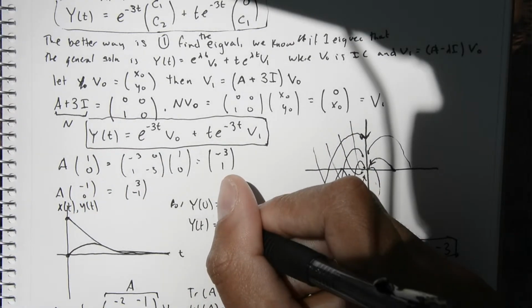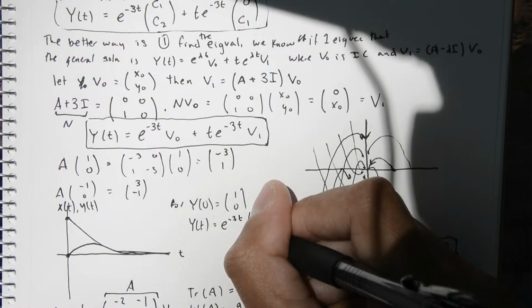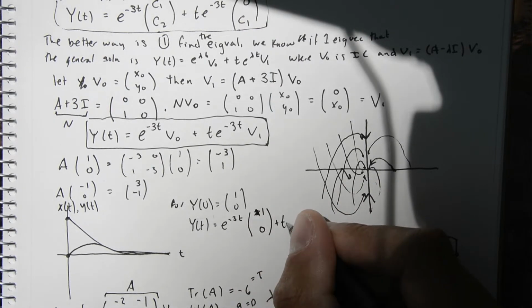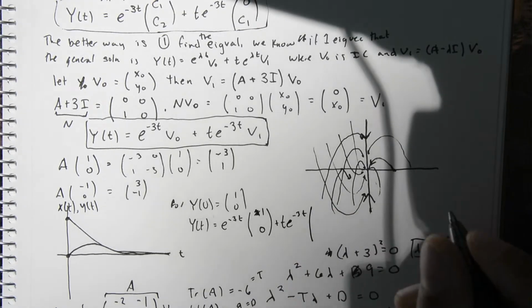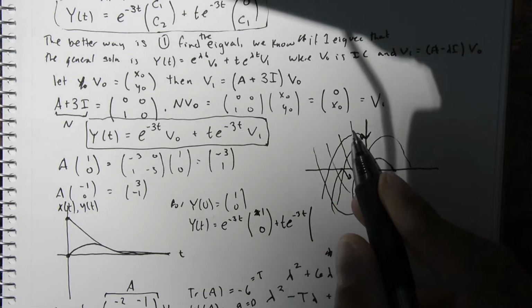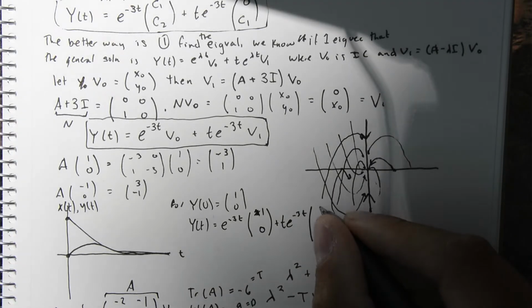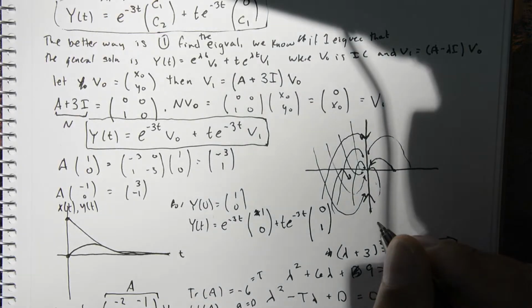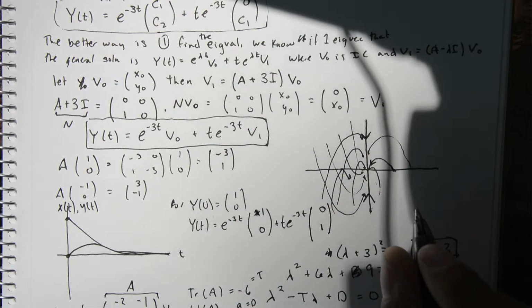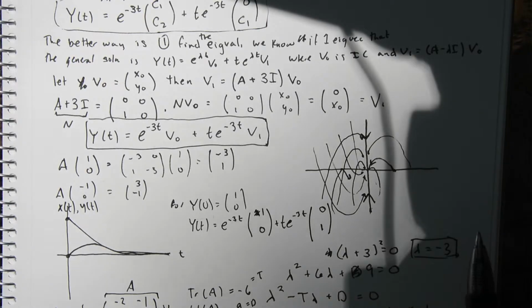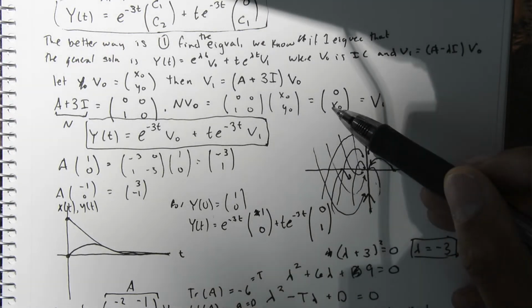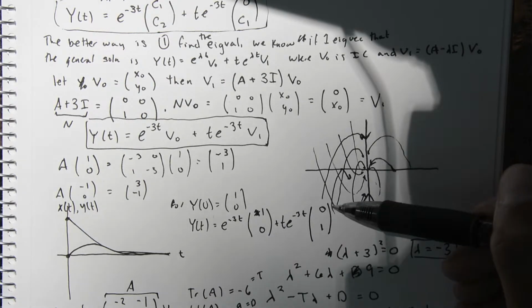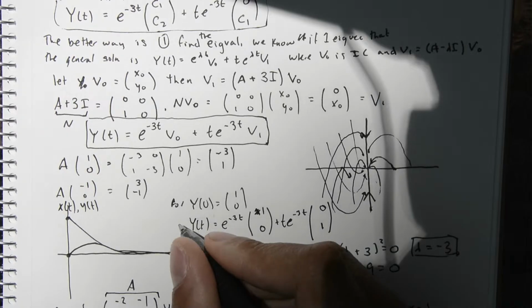So then I think this is going to be e to the minus 3t times our initial condition, which is 1, 0, plus te to the minus 3t times 0, 1, right? I think that's true because you just substitute in for x what our initial condition is. So this x0 just is 1. All right, so this is the particular solution.